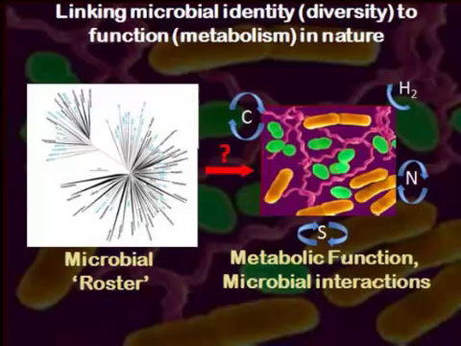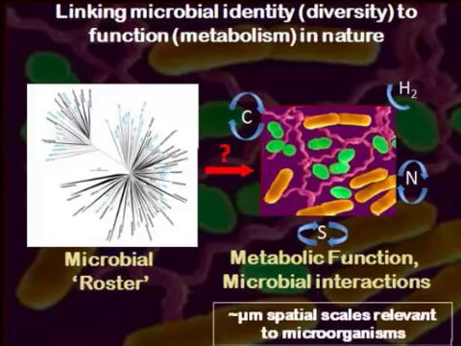In particular, how these organisms interact with each other to transform matter and energy in various habitats, whether it be the human body, a sediment community, or a water column. It's really one of the grand challenges, connecting the diversity of organisms and their function, and in particular trying to do this at the microscale that's really relevant to the organisms and what they view in the natural world.